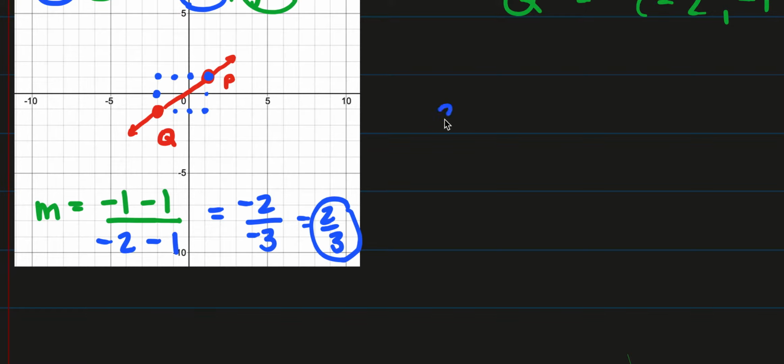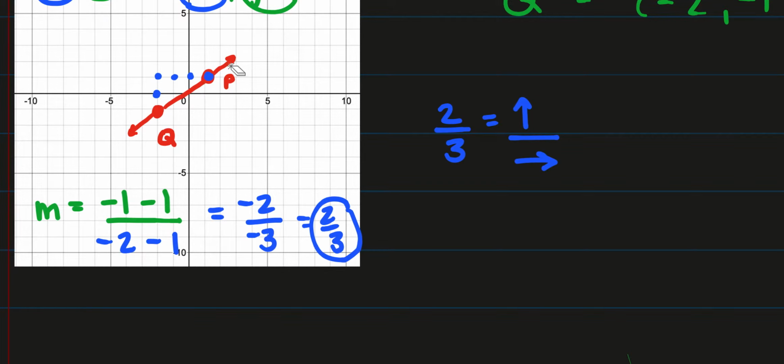So we found the number 2/3. This 2 is how far you go up. And this 3 is how far you go to the right if you start at the point Q. Okay, so we go up 2 and over 3. And we want to think of the slope as the steepness of this staircase.